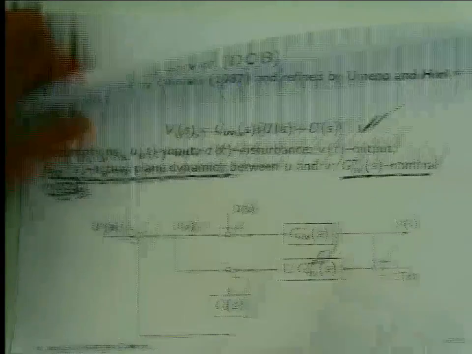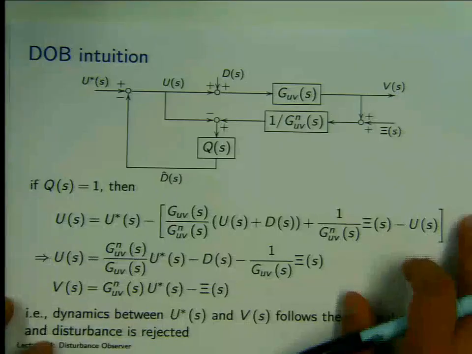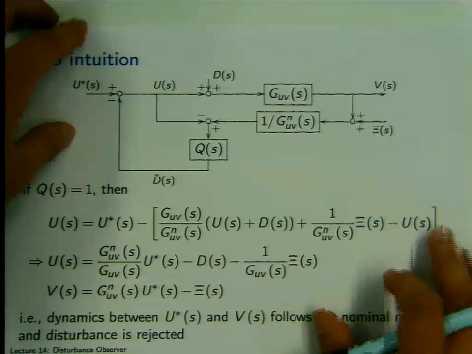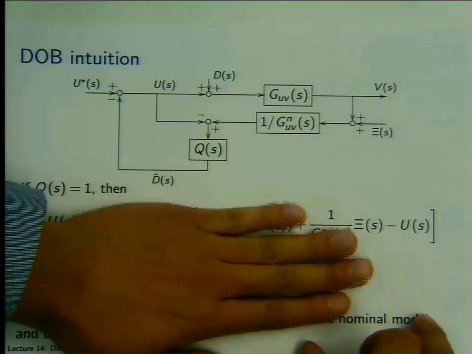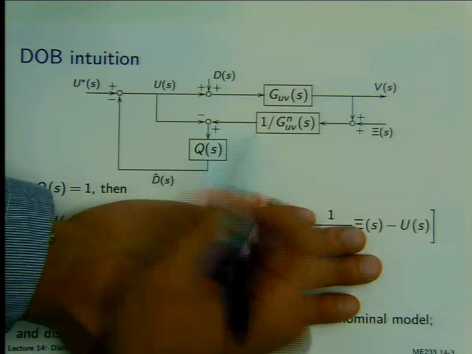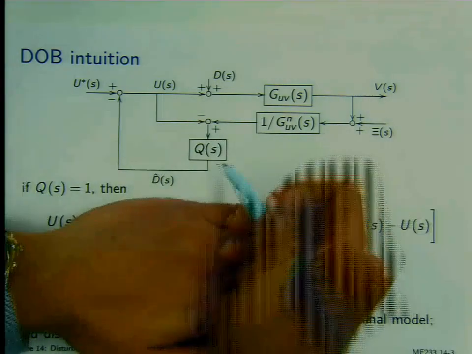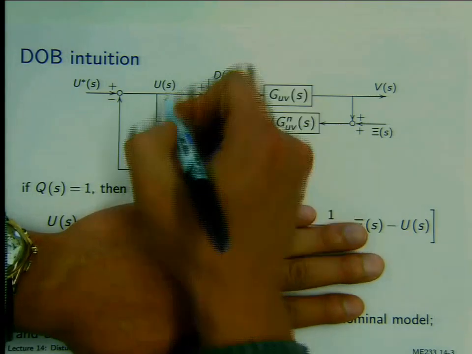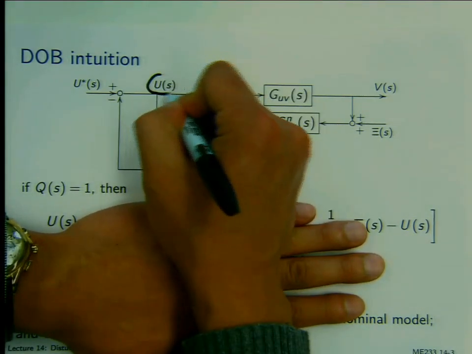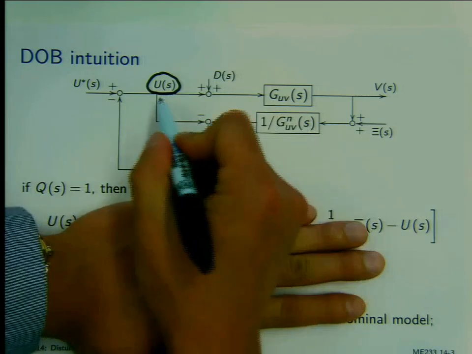If you look at the structure, it's actually not so difficult to understand the intuition inside. So let's forget about all these mathematics and just take a look at this block diagram and see how things are going. If I focus on how this signal U goes into the system, the signal U goes into two paths.